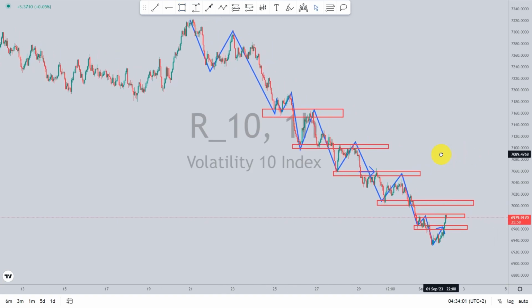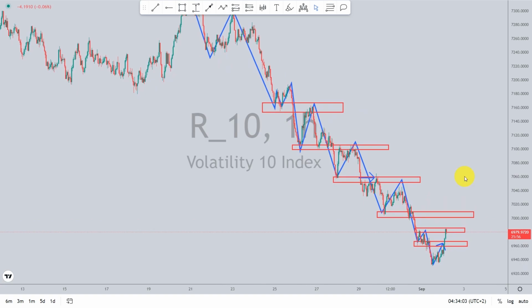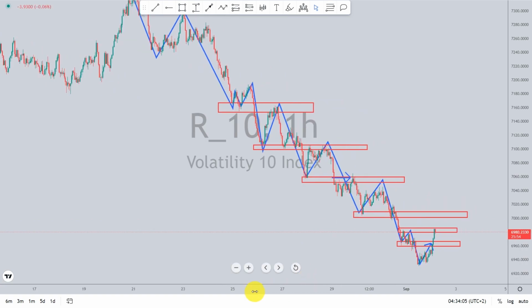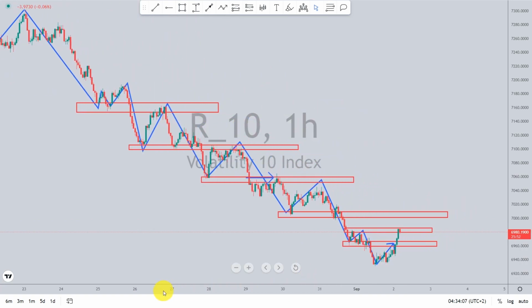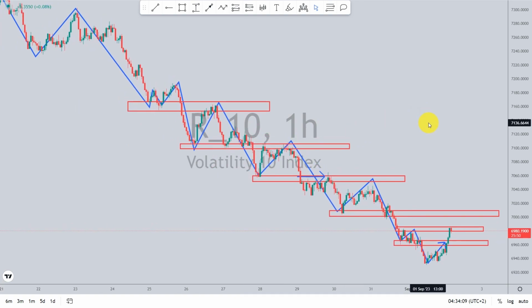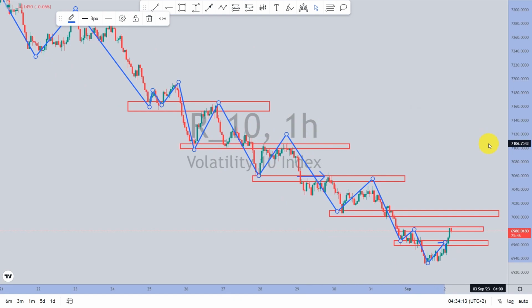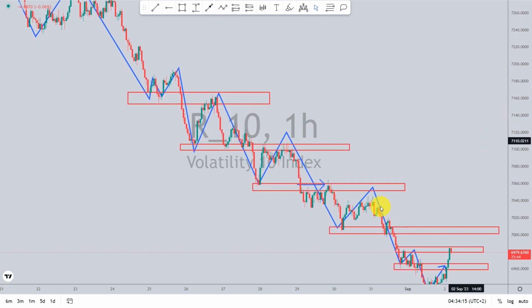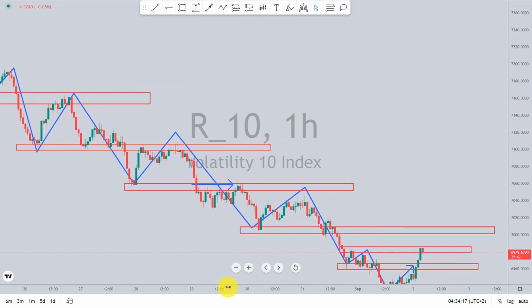But let me give you a confirmation for you to use when riding these kinds of trends. First of all, you have to make sure that when the market retests this level, it gives you candlesticks with weak rejections, just like this.